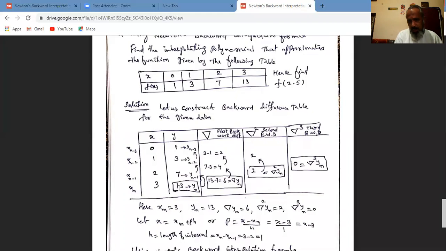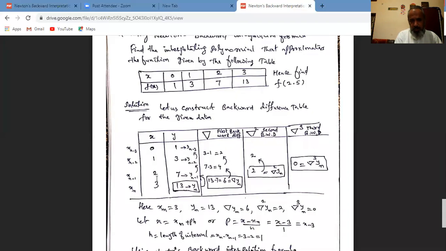So this is the value of y_n, corresponding to x_n, and the first backward difference is nabla y_n. Second backward difference: 6 minus 4 is 2, 4 minus 2 is 2. So we have to take the bottom values, and this is the second backward difference value of y_n. Similarly, 2 minus 2 is 0. This is the third backward difference, so nabla cube y_n is equal to 0.